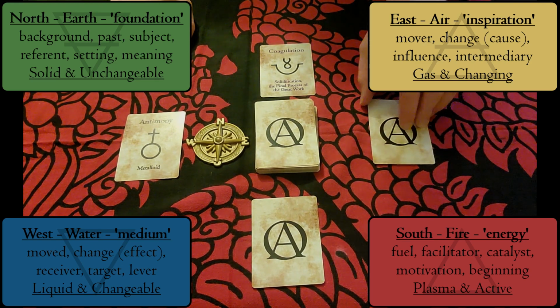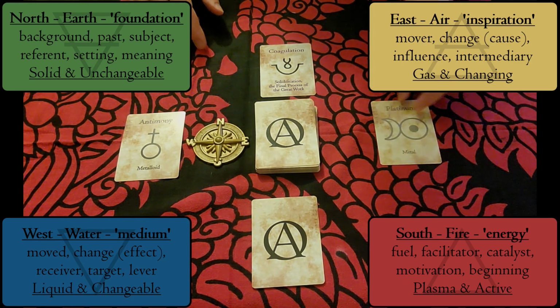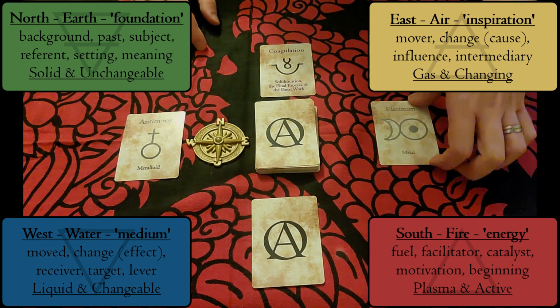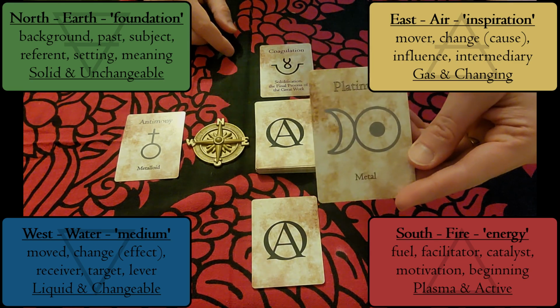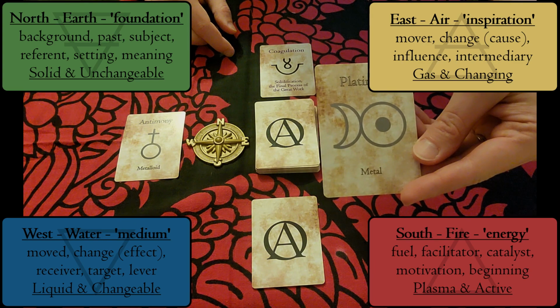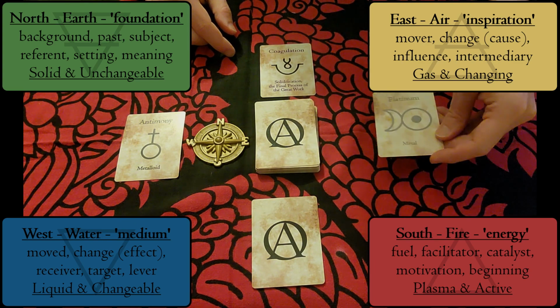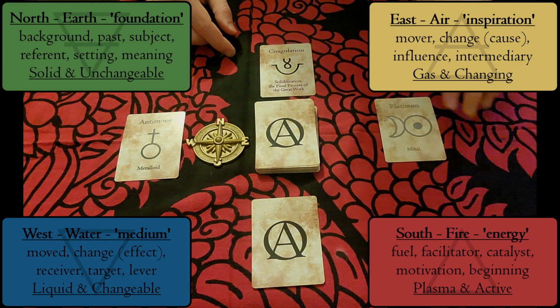Let's look at the east. This is, again, the movable part that collides with this, the catalyst, the cause. Platinum, really an interesting one for a romantic reading. It is another card of merger, but it is the perfect marriage. Two things that are whole in themselves becoming something even greater.